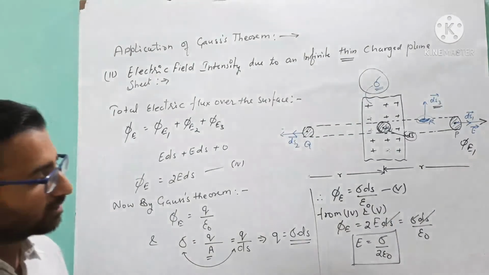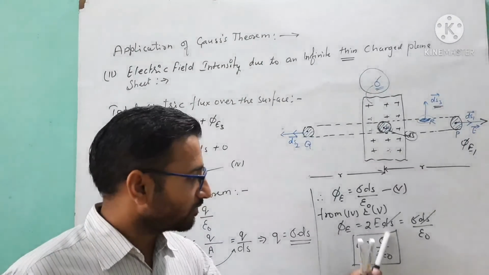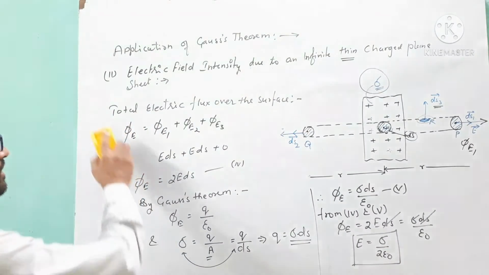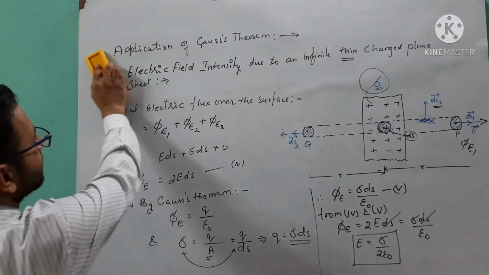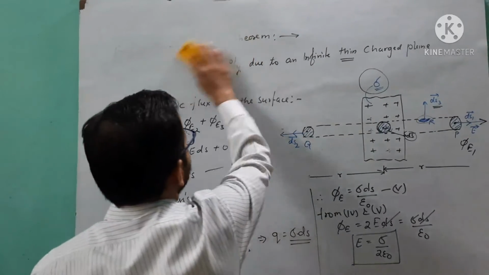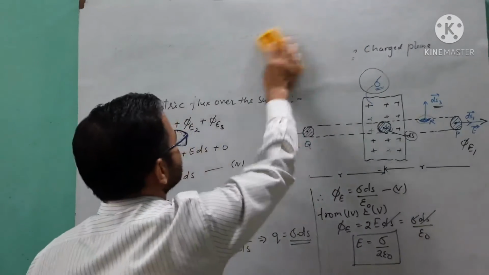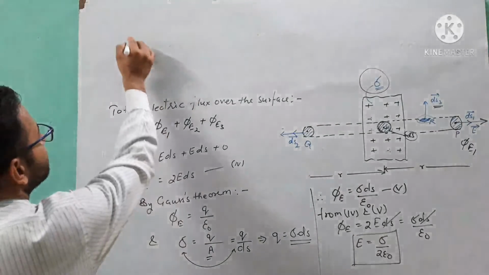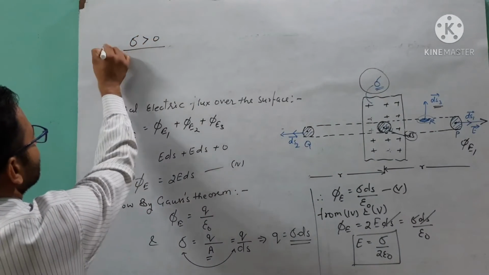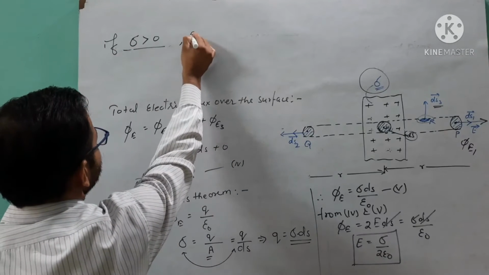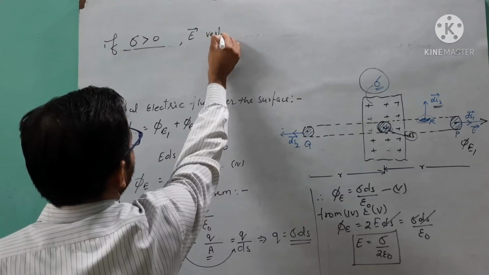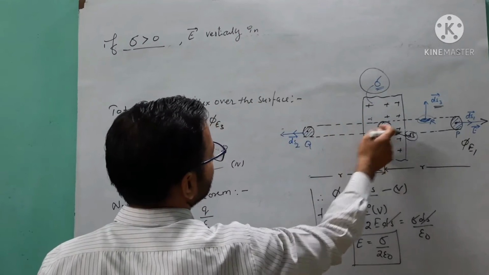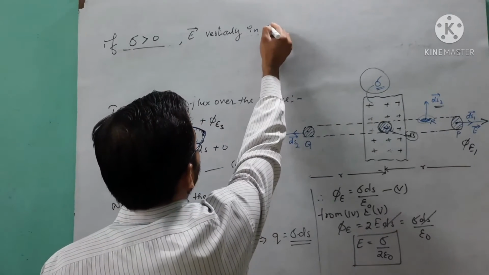Now for different values of sigma we will obtain the direction of E. Let's see what happens. Suppose I have two conditions based on sigma. If sigma is greater than 0, then the direction of E is vertically outward, according to this figure.